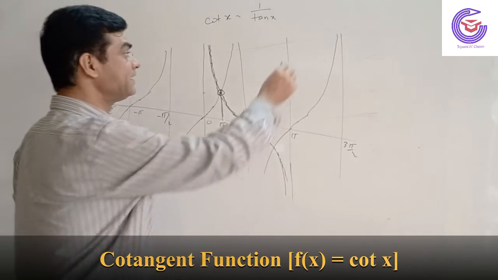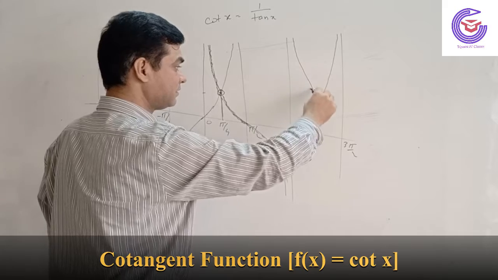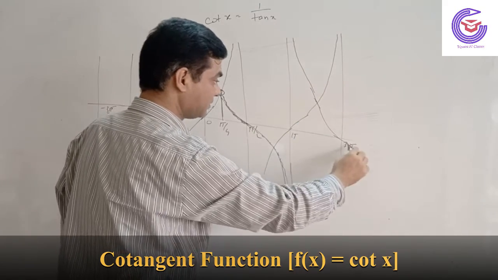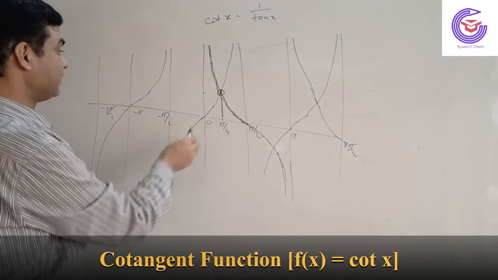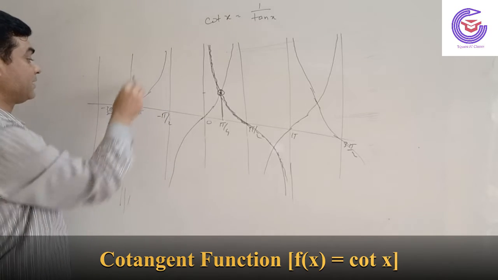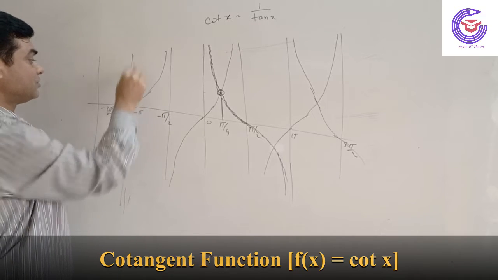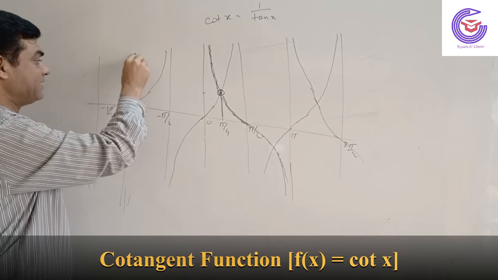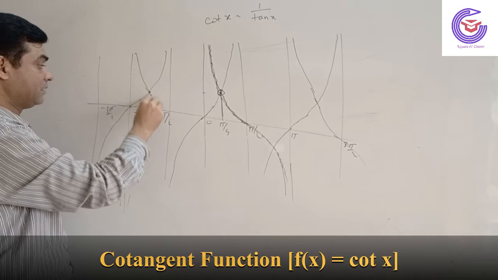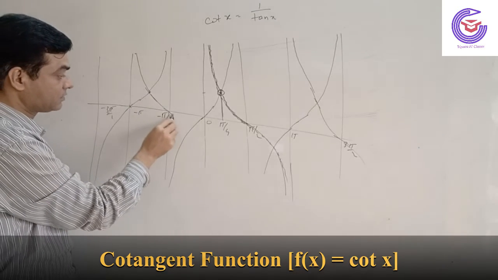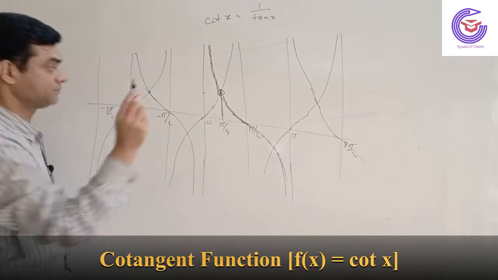In a similar manner, here again, this is your cot x. Okay, in this case, here it is 0. So the reciprocal of 0 is infinite at 1. So this graph curves like this.